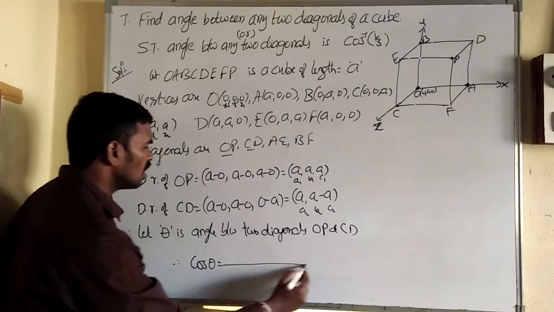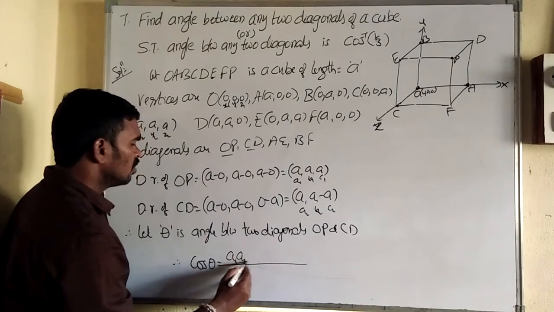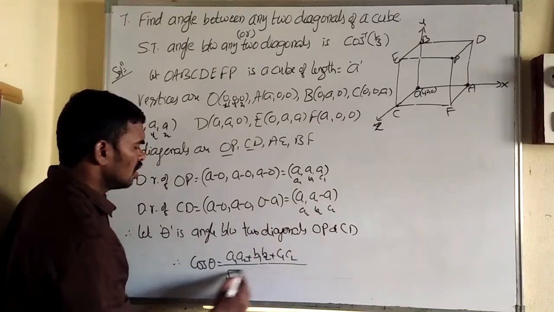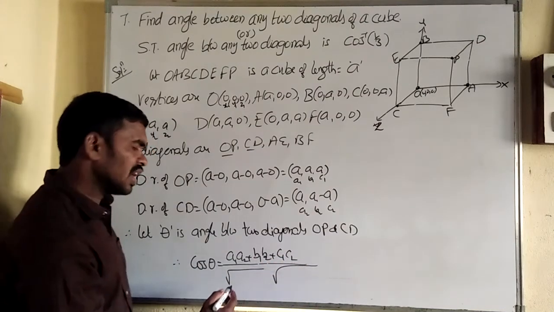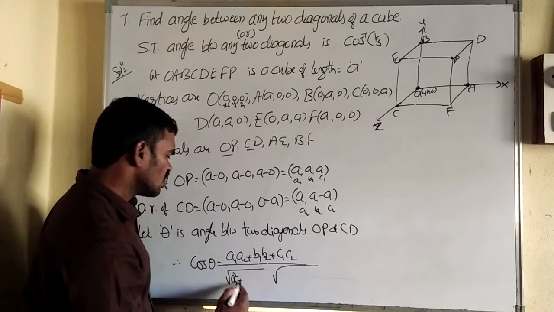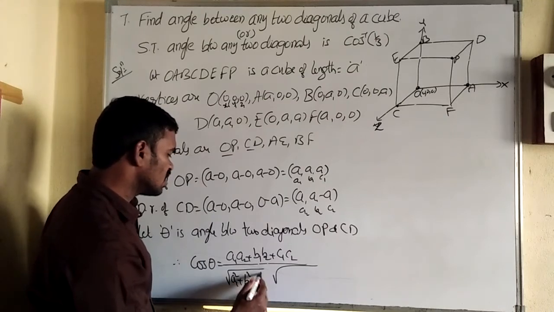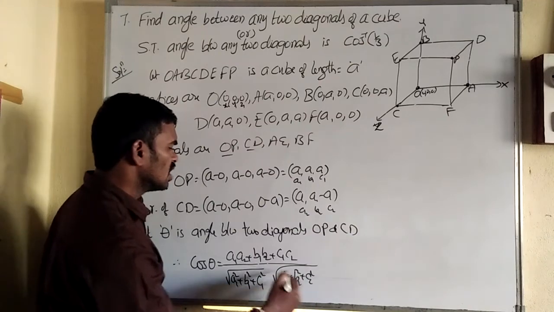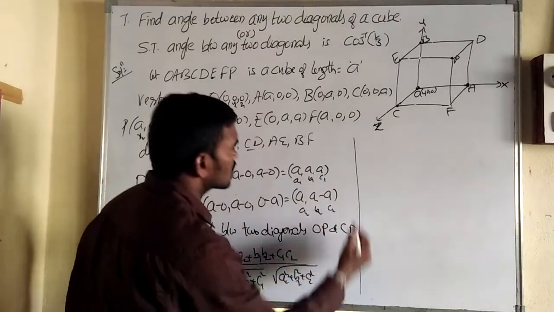Cos theta equals a1 a2 plus b1 b2 plus c1 c2 by root of a1 square plus b1 square plus c1 square into a2 square plus b2 square plus c2 square. We already know the formula very well. Substitute in this formula and we can get the answer.